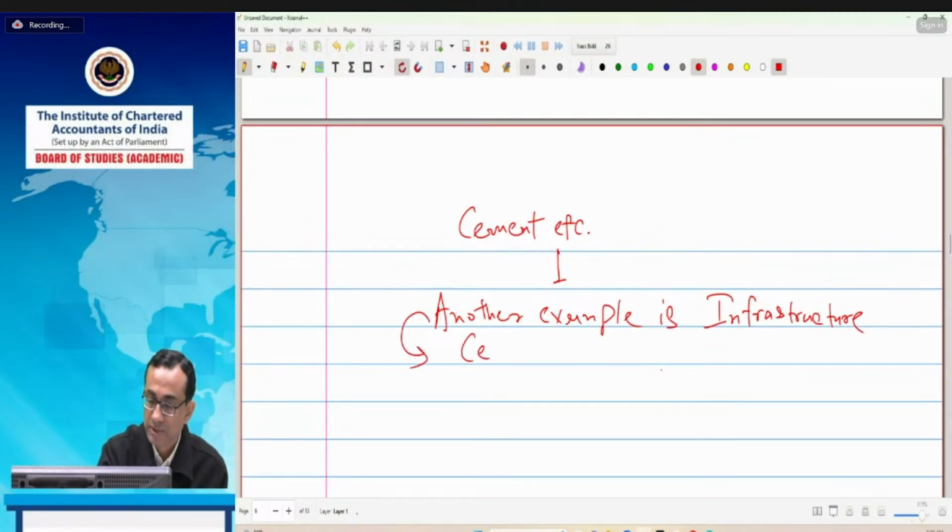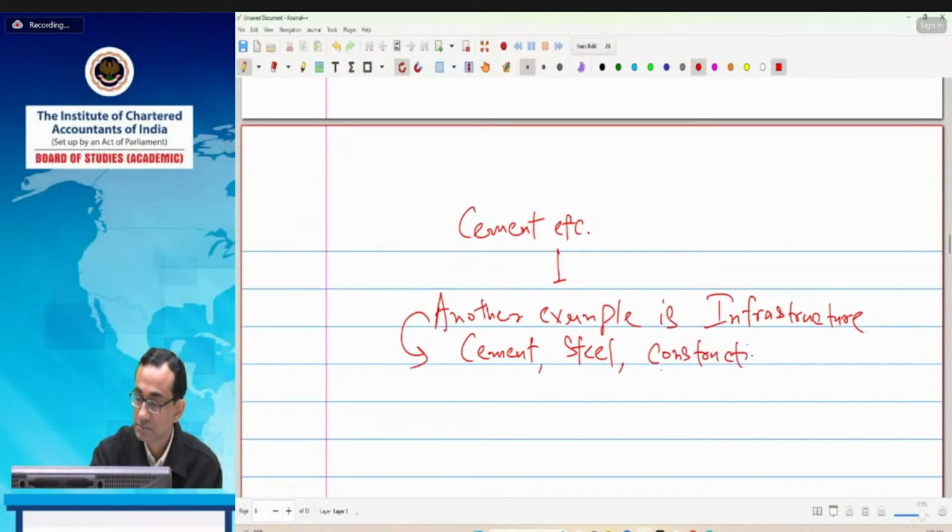Cement will be covered, steel will be covered, construction industry will be covered. So if a mutual fund comes with a thematic fund which is infrastructure based, then as an investor, you know that this fund will be investing in cement companies, steel companies, construction companies.